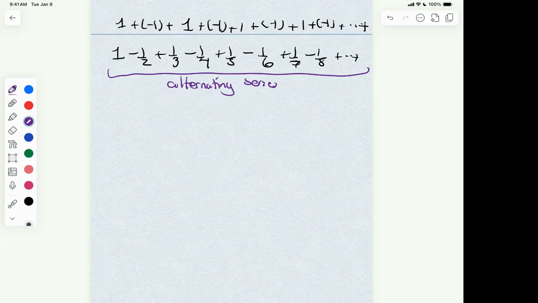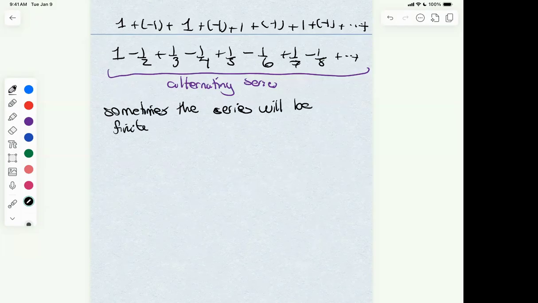Sometimes the series will be finite, and that way we'll say it converges.